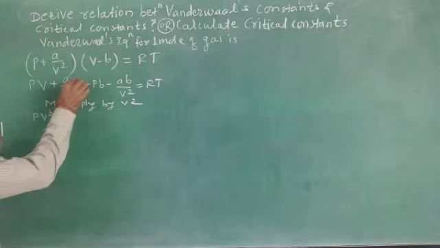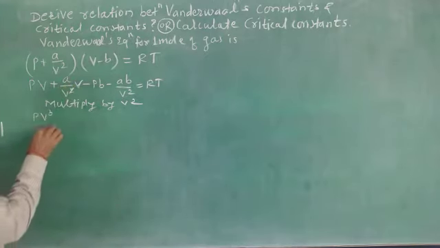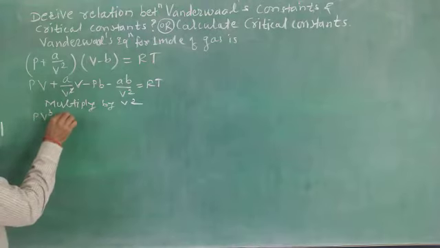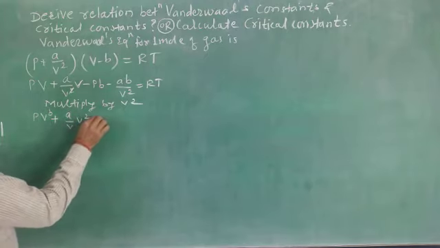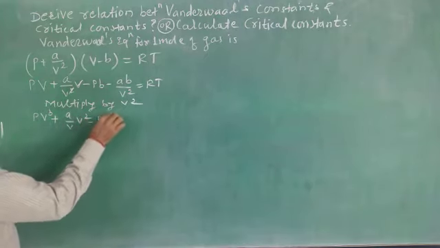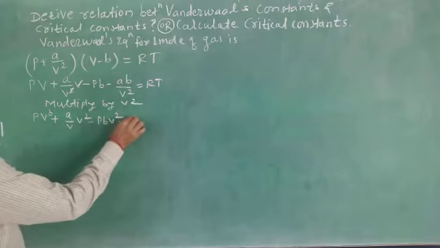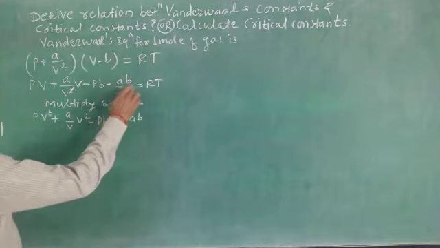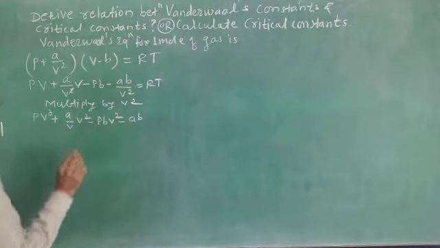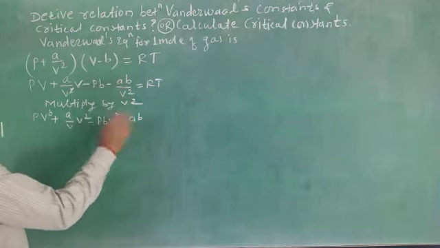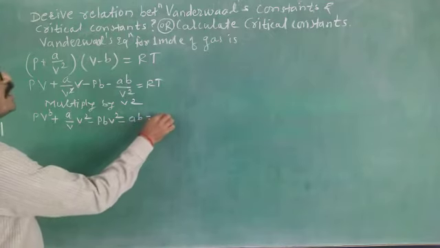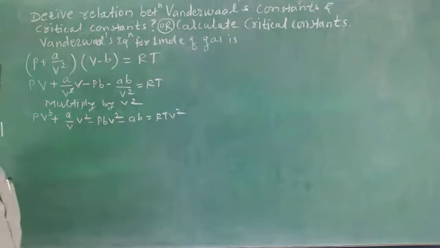Here one V cancels with this V. That's why plus a upon V into V square, minus Pb into V square, minus ab upon V square into V square, that V square gets cancelled, so it will be ab only, is equal to RT into V square. After multiplying throughout by V square, you will get this relation.